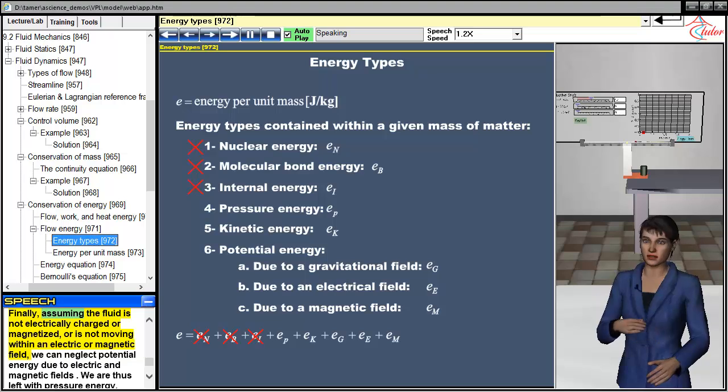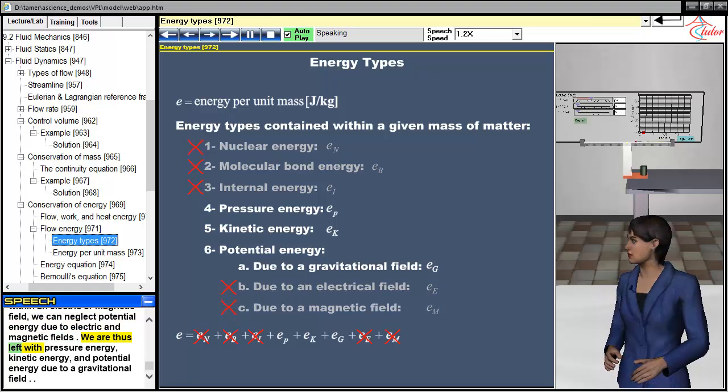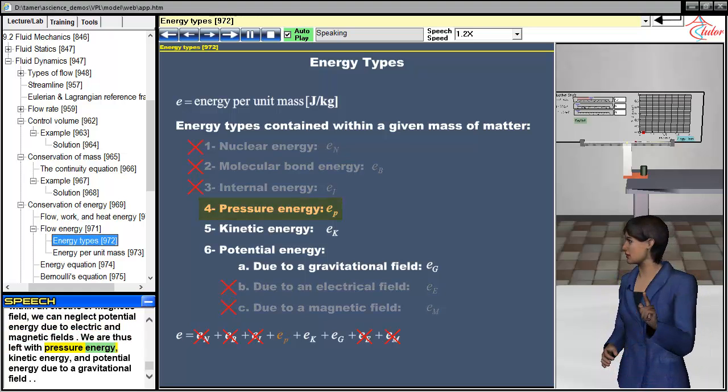Finally, assuming the fluid is not electrically charged or magnetized, or is not moving within an electric or magnetic field, we can neglect potential energy due to electric and magnetic fields. We are thus left with pressure energy, kinetic energy, and potential energy due to a gravitational field.